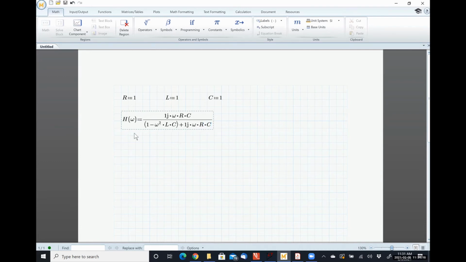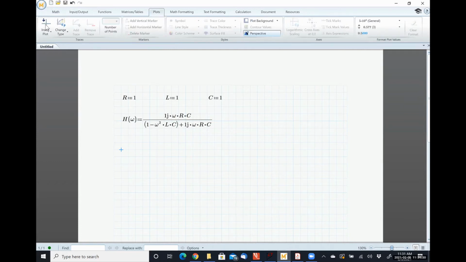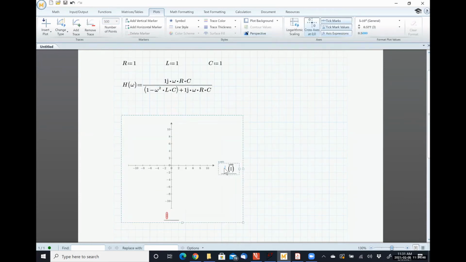All right. So to use Mathcad to view both the magnitude response and the phase response to check things, what we can do is a plot. I'm going to drop an XY plot into the page here. On my Y-axis, I want to plot H of omega, and let me put omega down here.